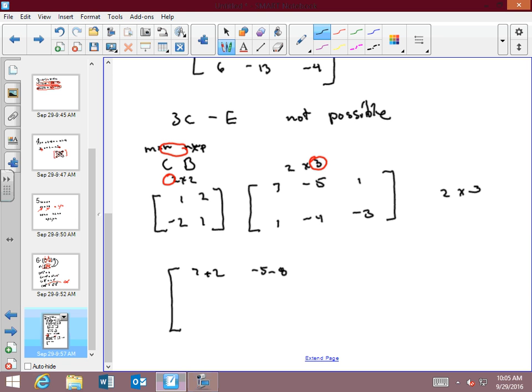I'm taking this row and then the columns. So then the next one over is 1 minus 6. And then I'll take this row times each one of these columns.